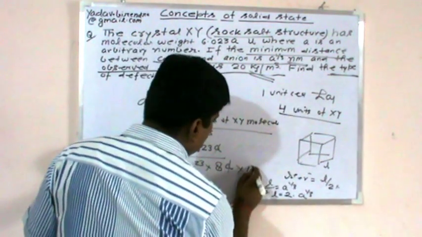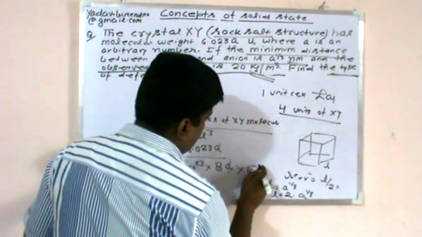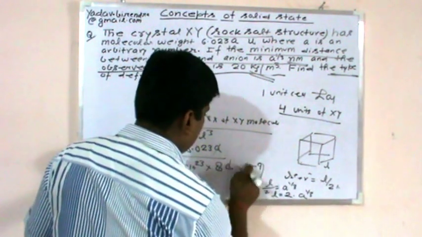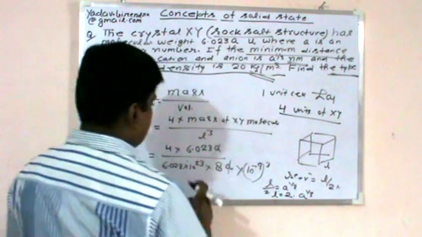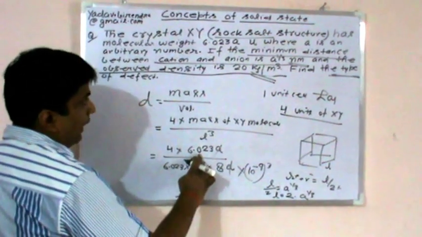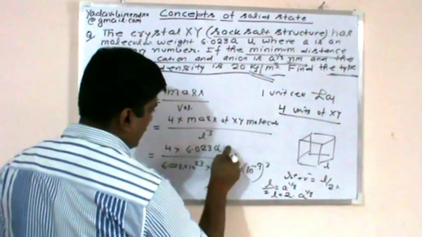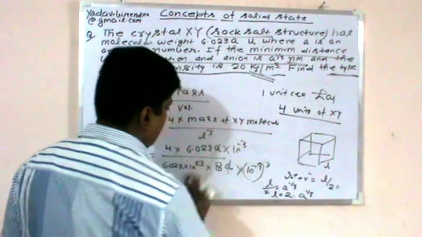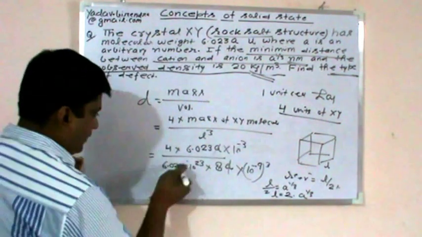So I need to put 10 to the power minus 9 cube, and since mass is in gram and we want kg, we need to put 10 to the power minus 3.